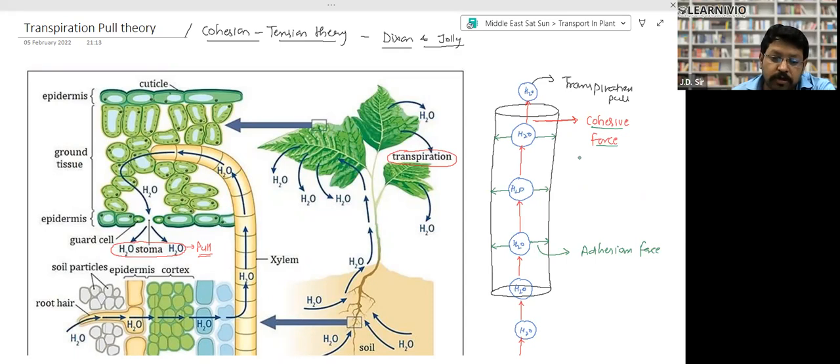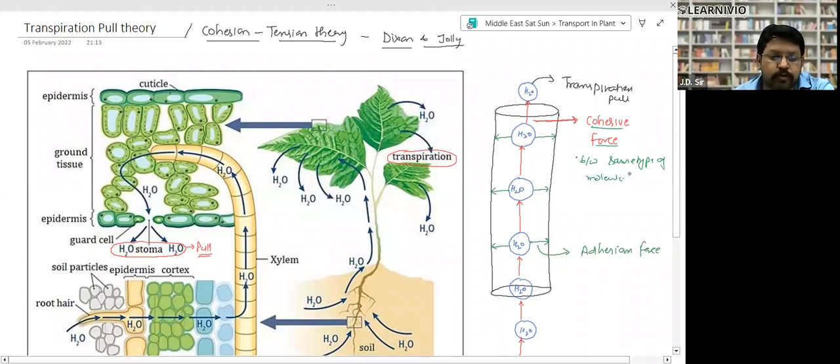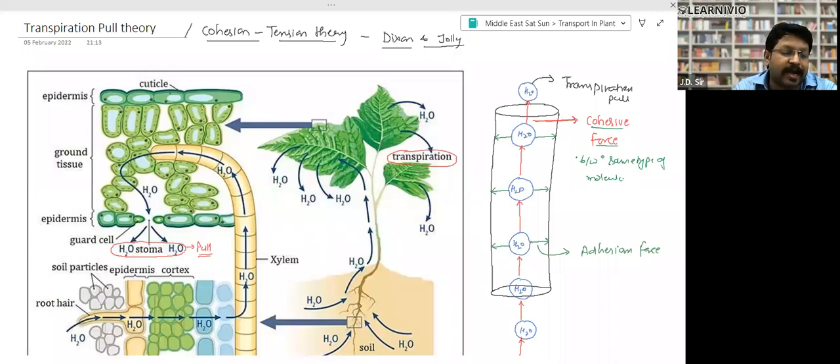So cohesive force works between the same type of molecules. With the help of cohesive force, water molecules make a chain-like structure, and because of this structure, they are pulled like a string.